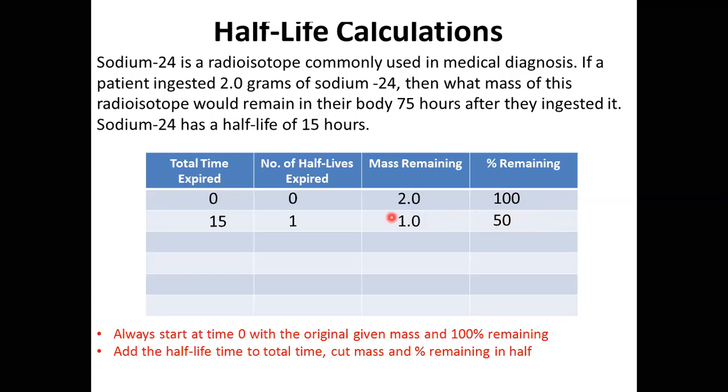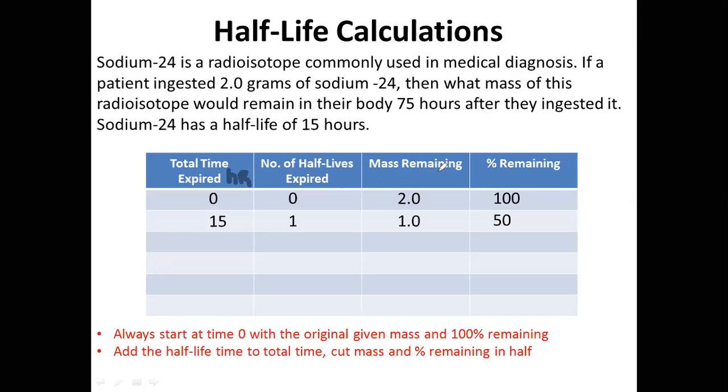What we're trying to find out is, after 75 hours, how much would remain in the body? What would the mass be after 75 hours? Well, we've only reached 15 hours in time. We might want to recognize that this time is a time in hours, which is useful for our recognition, so I'm going to put the little label hour right here.